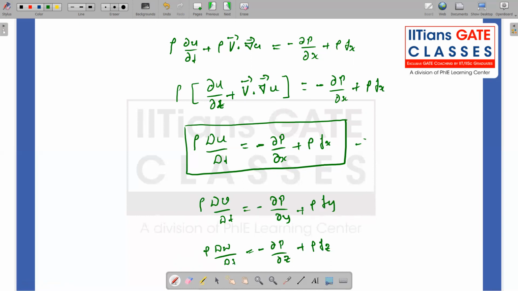So this is x momentum, this is y momentum, and this is z momentum. Right? So this is the momentum equation, converted from integral form to differential form.